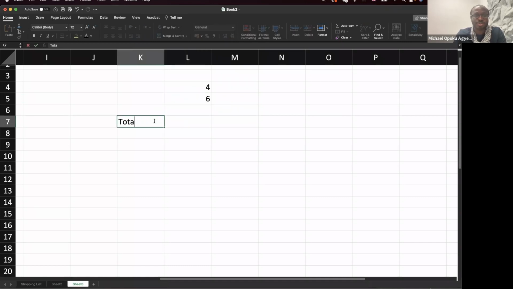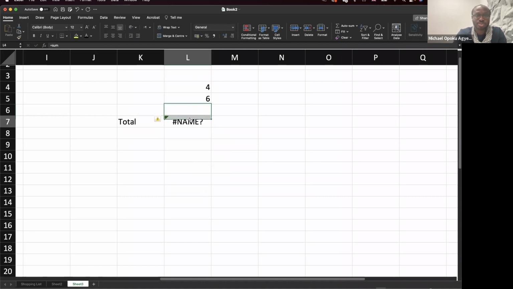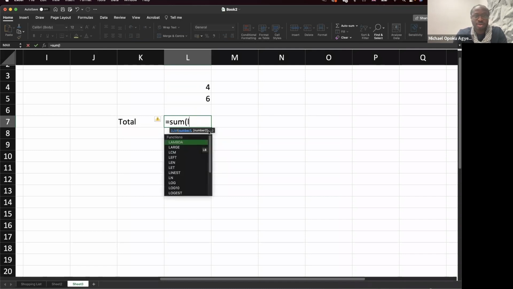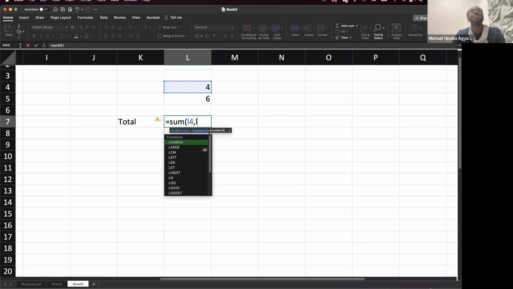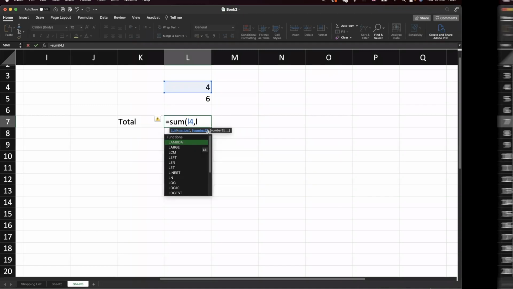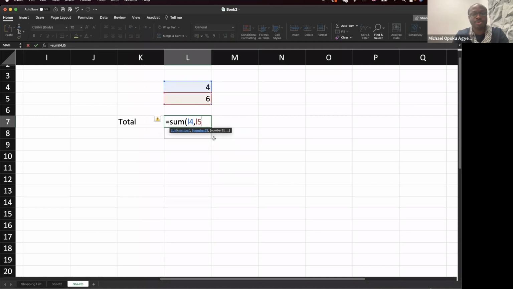Let's say I have a total, and I put my total to be the sum of what is above. So I put that to be the sum of L4 and L5, for example.